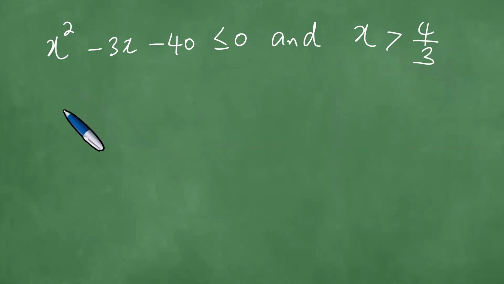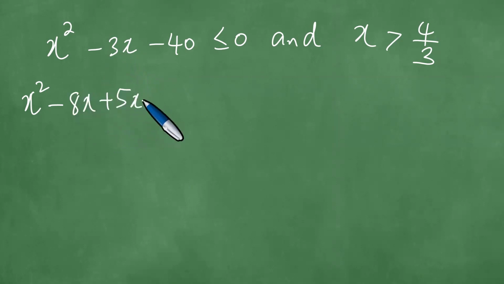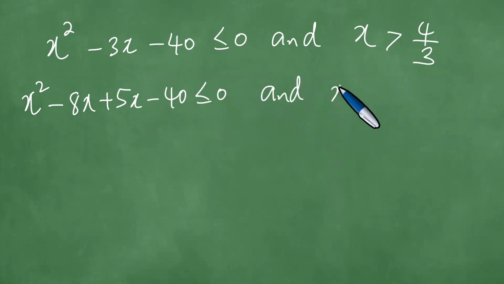At this point, we continue to solve this question. We multiply x squared with minus 40, getting minus 40x squared, and the factors of minus 40x squared that give us minus 3x are minus 8x plus 5x, so x squared minus 8x plus 5x minus 40 is less or equal to 0, and x is bigger than 4 out of 3.